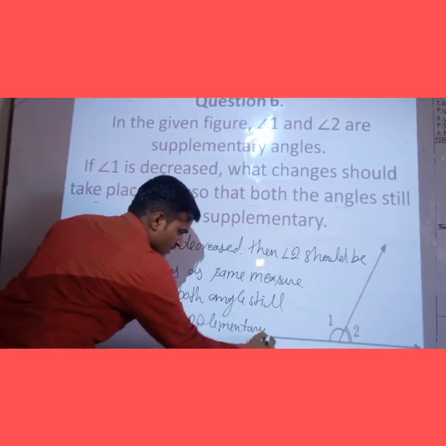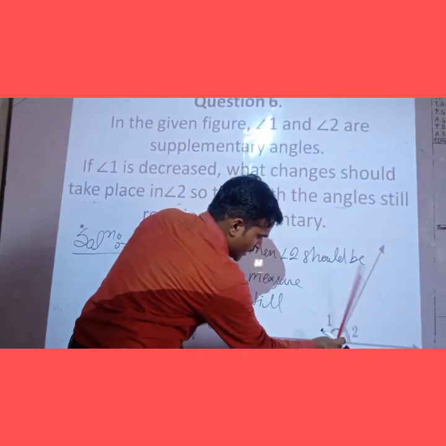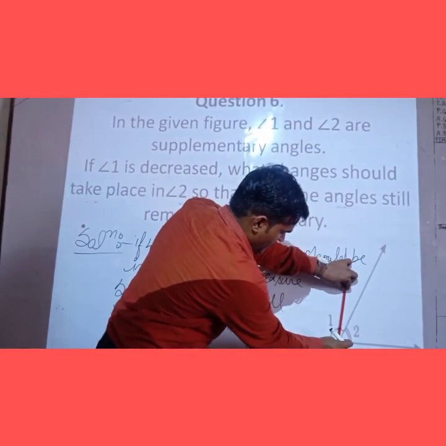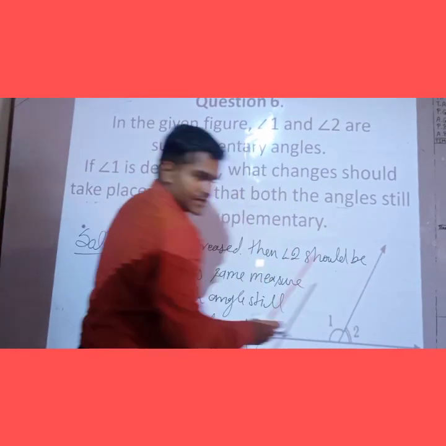With the help of the experiment you have seen, if angle 1 decreases by 5 degrees, then angle 2 increases by 5 degrees. Like that.